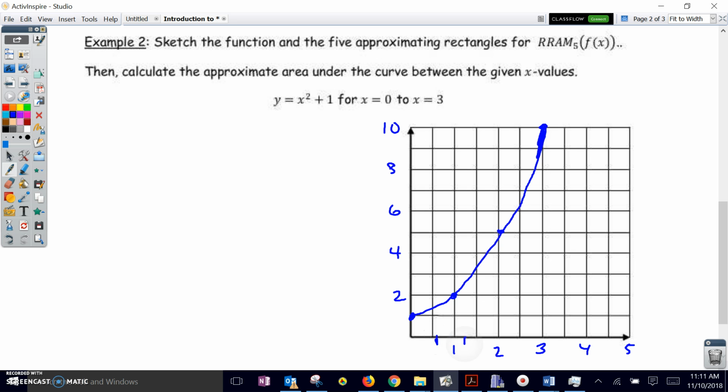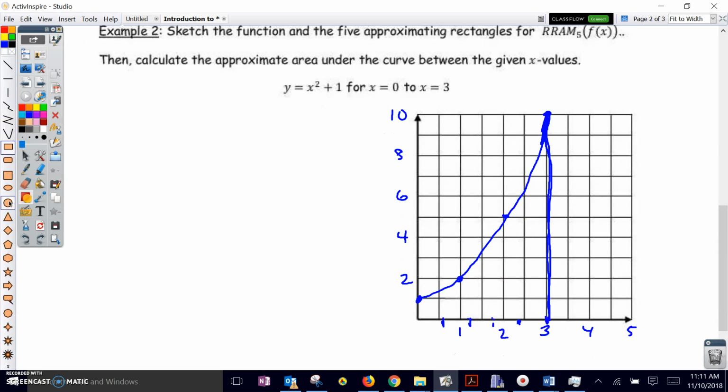I still have the same width for each of these rectangles because we're still subdividing the same width interval. And now, for my rectangles, let's use orange instead. Alright, and the heights are going to be based off of the right endpoints.